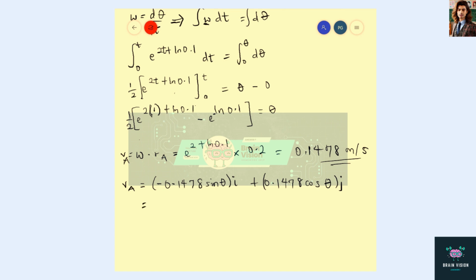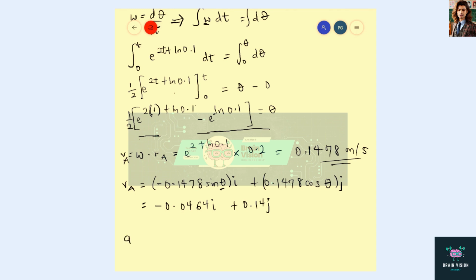And calculating this, the theta we're using is the one we got here. I'm just going to do that in the calculator and come back. So the answer is minus 0.0464 i plus 0.14 j.